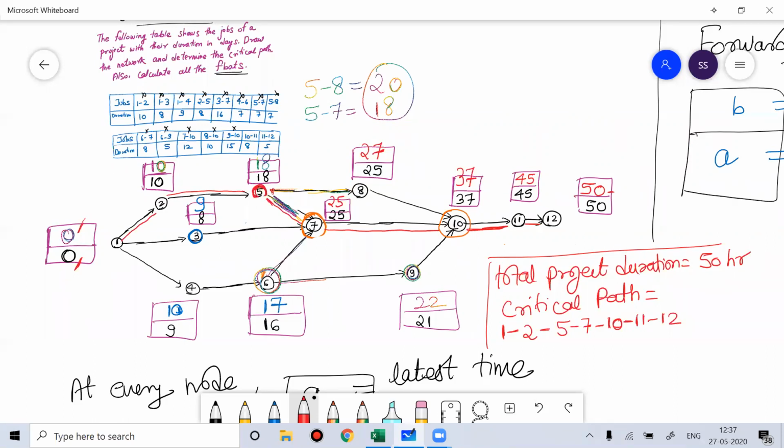In order to determine the critical path, you just see the earliest time and latest time.